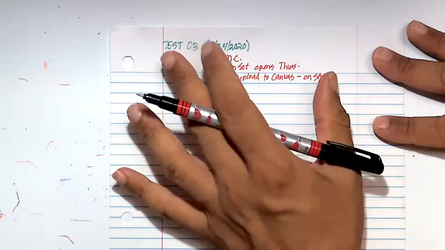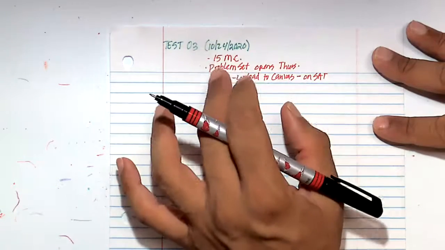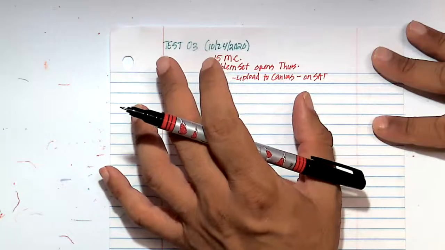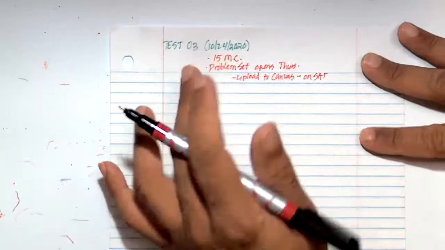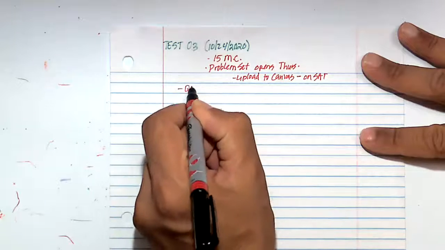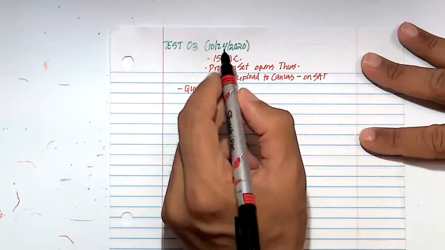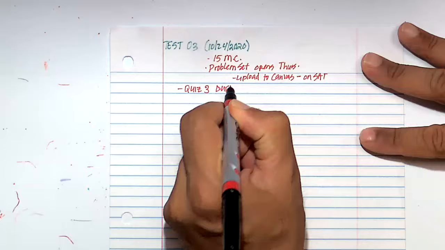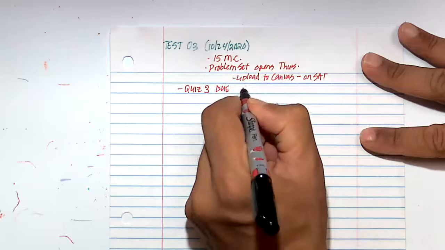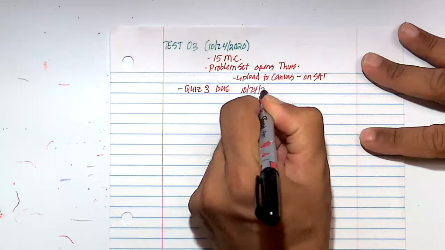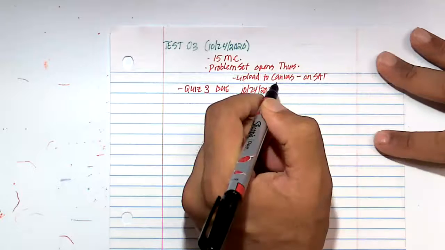So that part 1 and part 2, multiple choice and problem set, is going to be your exam. And the way my system works is I always have my quizzes due the same day as the test. So quiz 3 is going to be due the 24th. It's your second to last quiz. I also drop the lowest quiz.